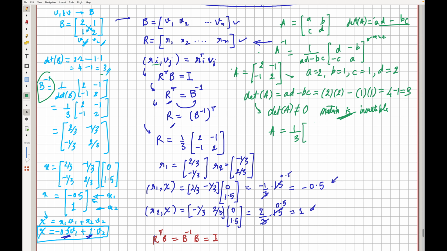So the values would be 2, 2, minus 1, minus 1, and if we write it out, the inverted matrix would be 2 by 3, minus 1 by 3, minus 1 by 3, and 2 by 3. And this sort of brings us back to what we have here.